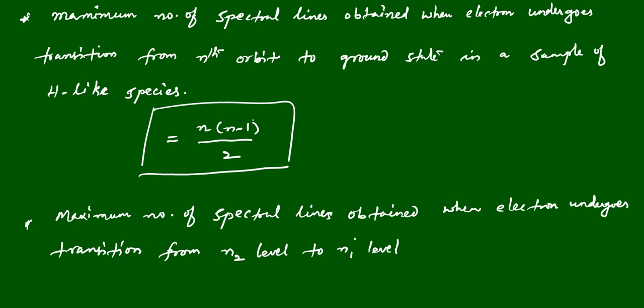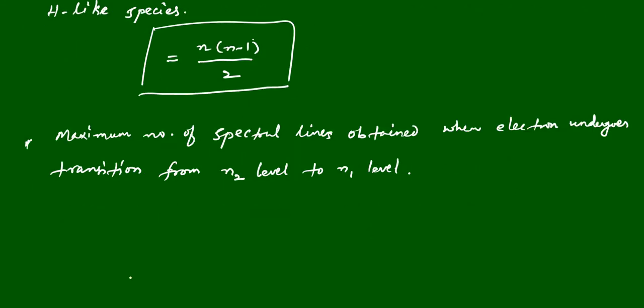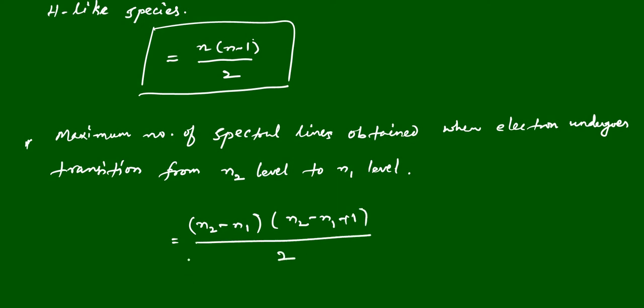Here N1 is not the ground state; N1 is not equal to 1. Again, same in a hydrogen-like sample. In that case the formula is N2 minus N1 into N2 minus N1 plus 1, by 2. This is the formula.